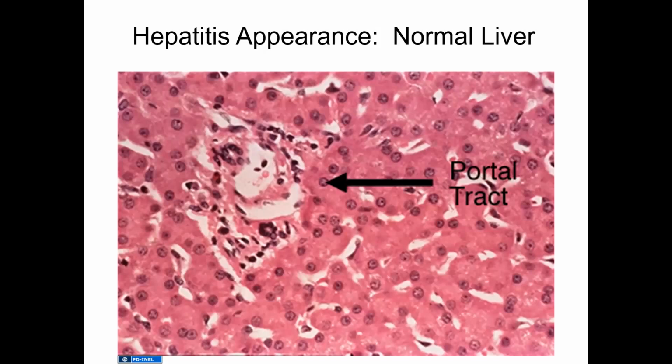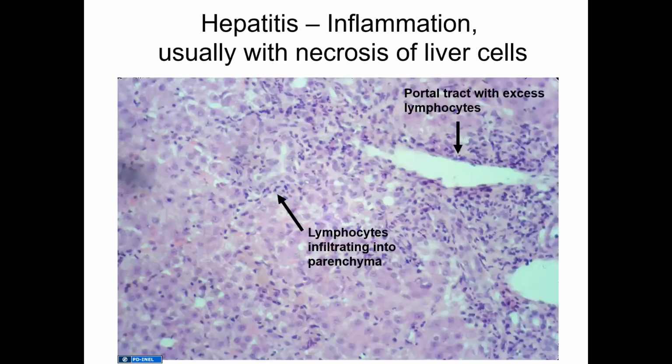Now, in your histology, you have been taught the normal appearance of your liver. So you have the normal appearing portal tract in this condition. You have your normal appearing hepatocytes, and of course, the different sinusoidal structures that can be seen in the portal triad. However, if you have hepatitis, you will see inflammation, usually with necrosis of liver cells.